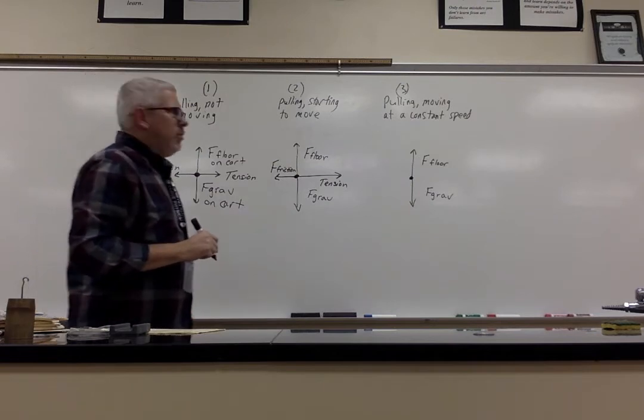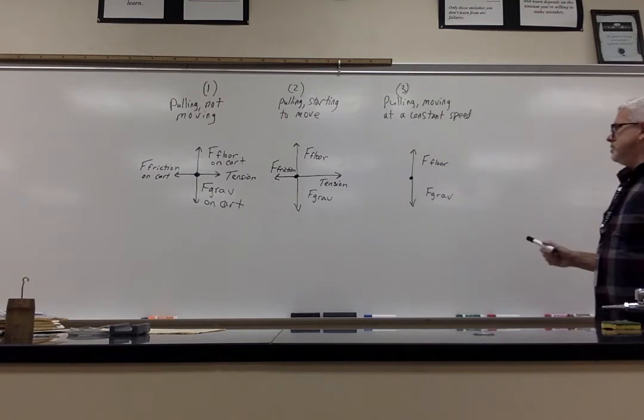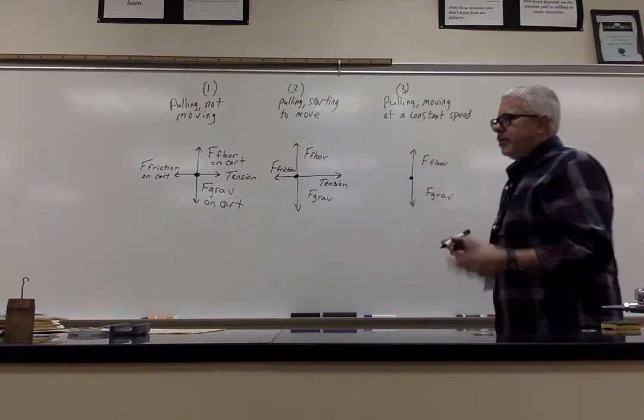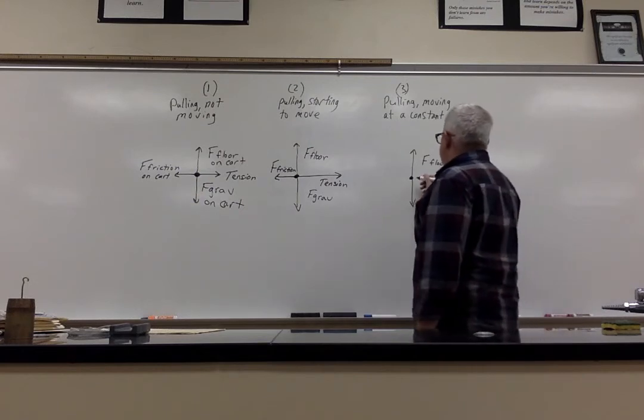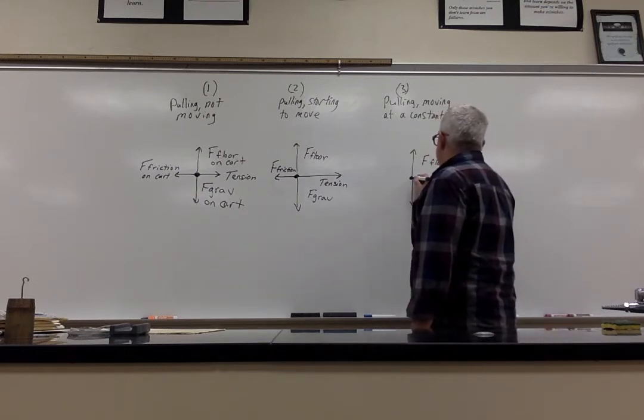What about this? What about once it got moving? Well, once it was moving, if it's going at a constant speed, then my tension and my friction force have to be the same again. And I don't know exactly what size they are, but they should be the same size. So whether you call that large or small doesn't matter.